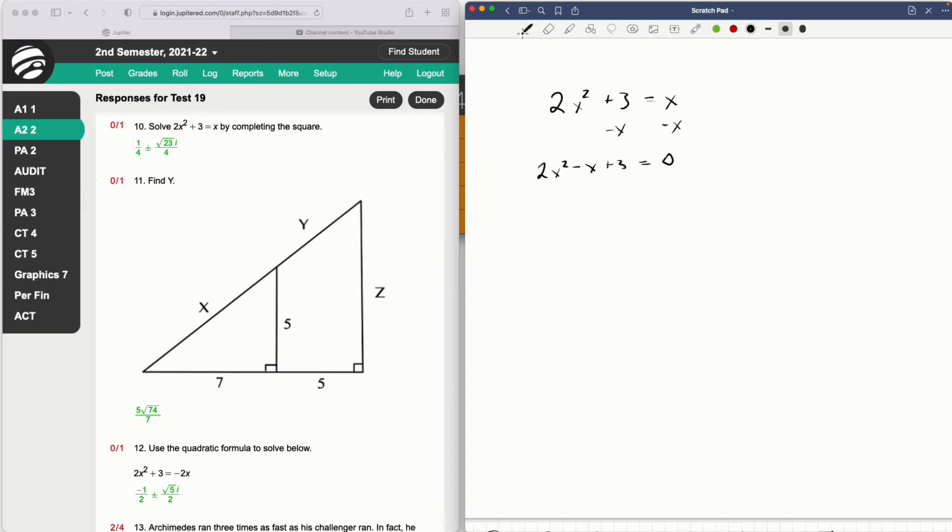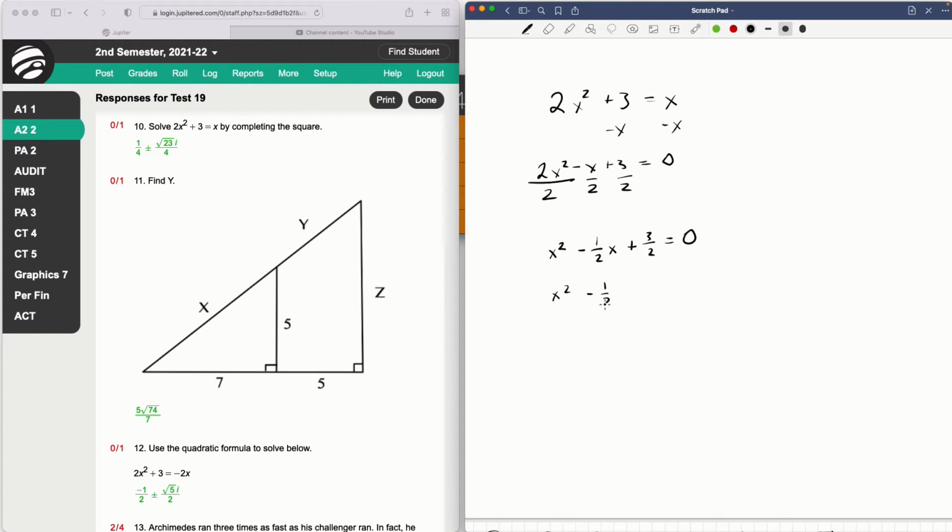So that's going to be x squared minus 1/2 x plus 3 over 2 equals 0. So now I can do the x squared minus 1/2 x, leave a little space, equals negative 3 over 2.